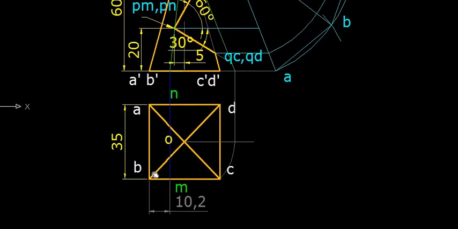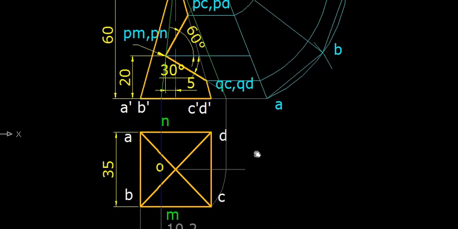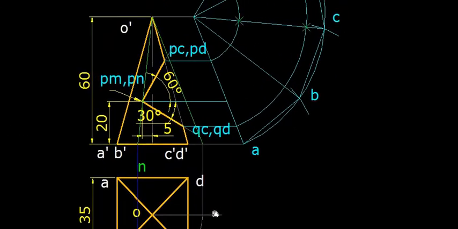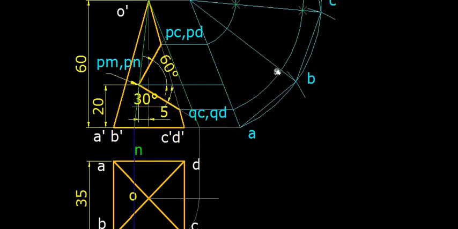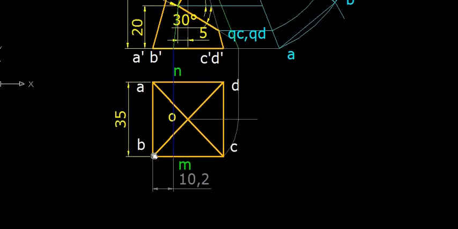You can see in the top view that it is between B and C, that is, the point M on the base will be between B to C. That means you will have to take this much distance in the compass, which is shown as 10.2 here. This 10.2 distance is to be taken in the compass, and from B we have to mark the arc towards C, because we get point M when we mark the arc from B going towards C.